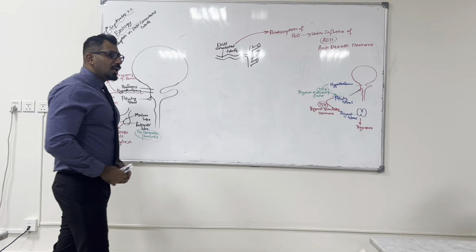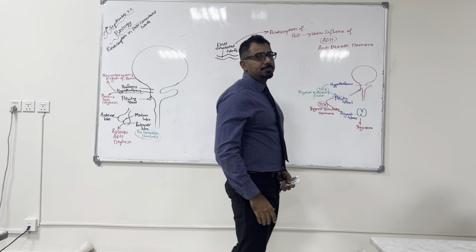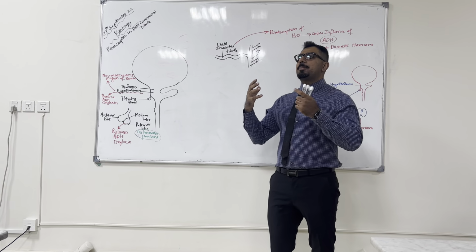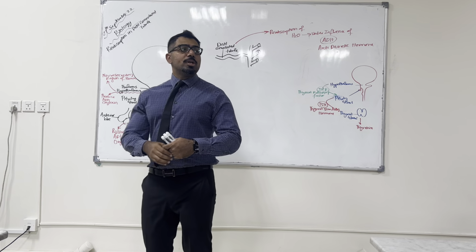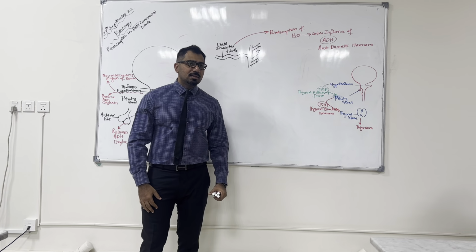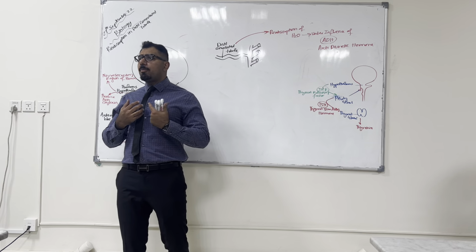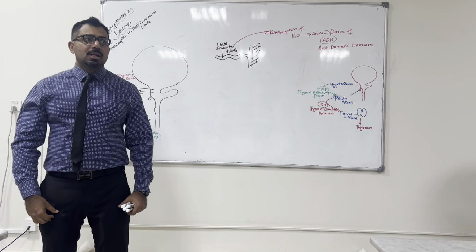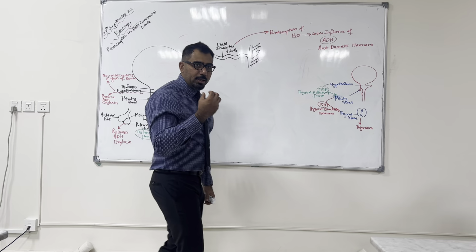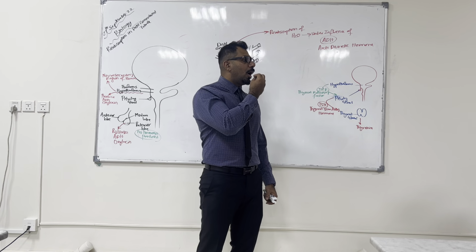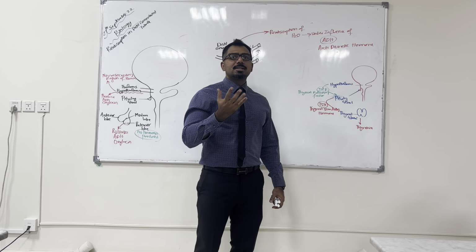Now there can be two conditions. One, let's suppose summer season. We sweat a lot, right? And our body is also producing urea. Even right now when I'm talking, when you talk a lot, your mouth becomes dry. Why does it happen?